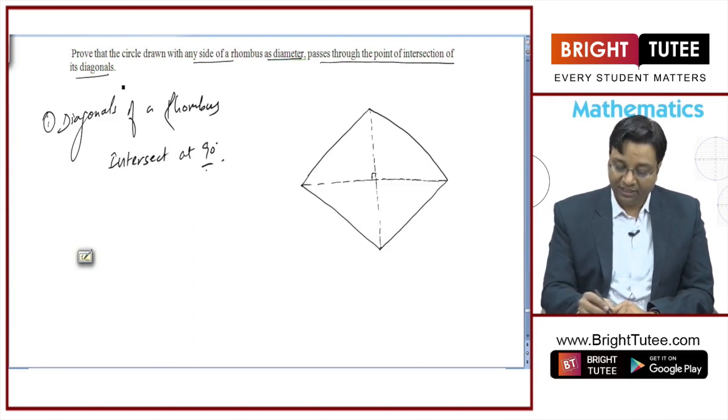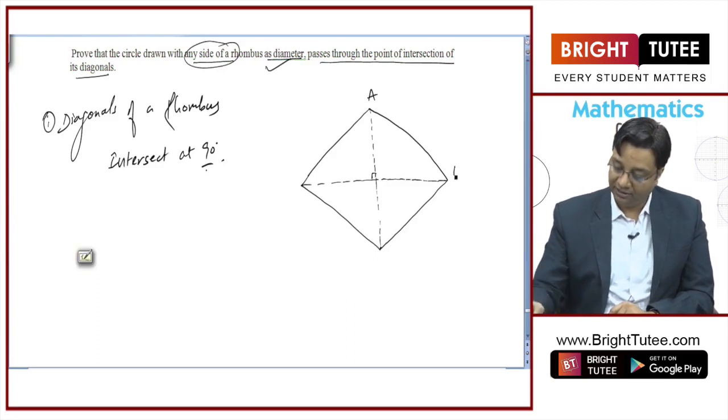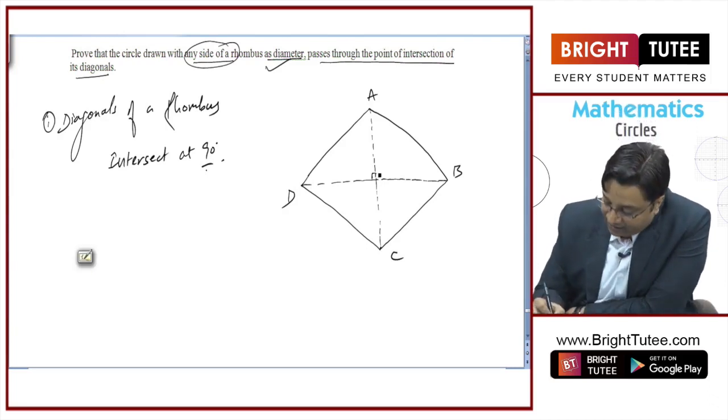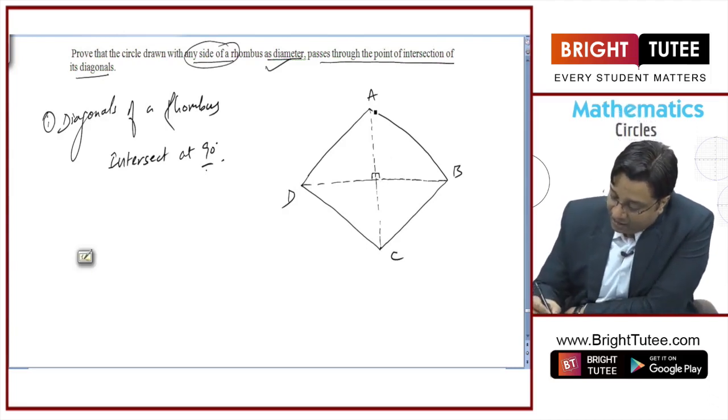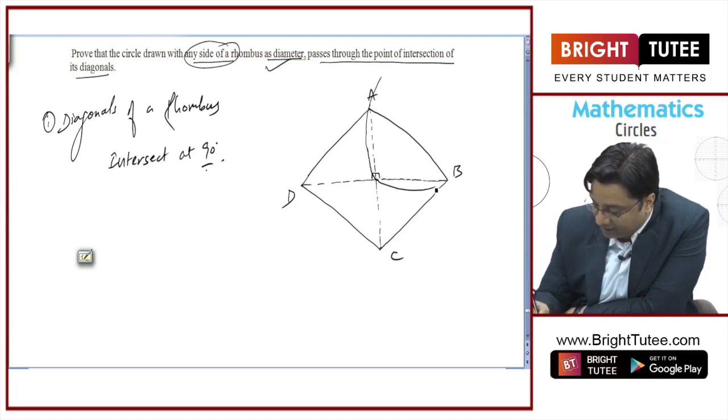Now look at this. If I take any side of the rhombus as diameter, let us say this is rhombus ABCD, and I take this side AB as the diameter. So if I take AB as diameter, where will the circle pass from? Will it pass through this point of intersection of diagonals necessarily or not?